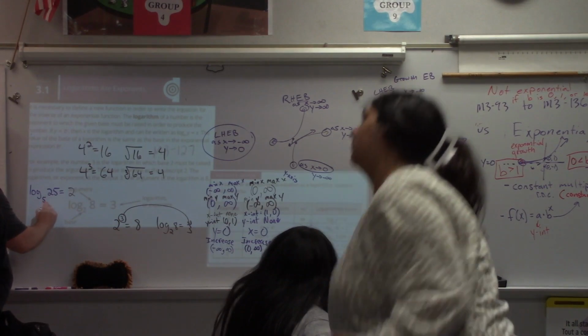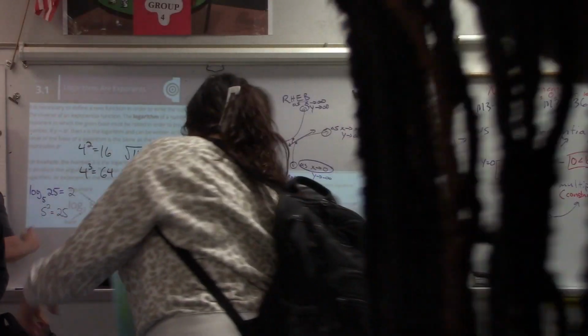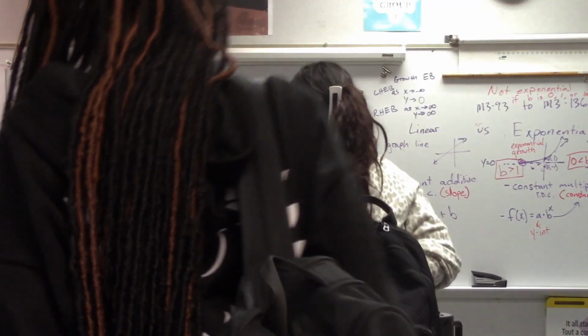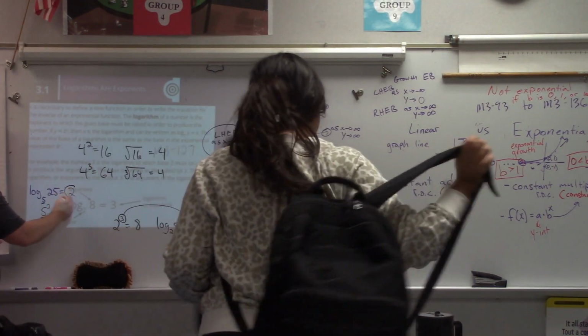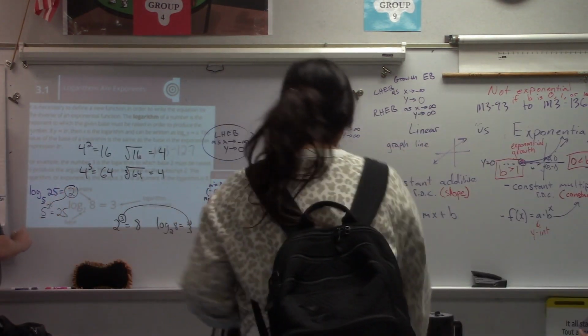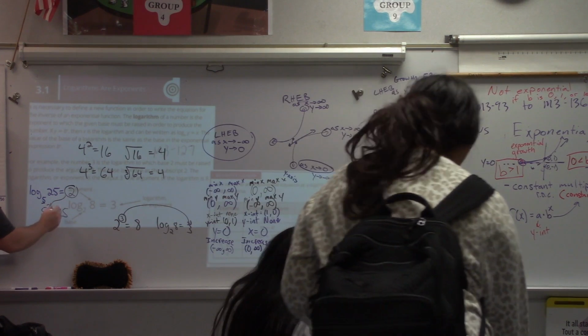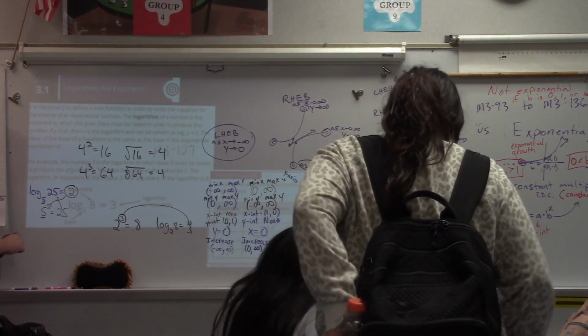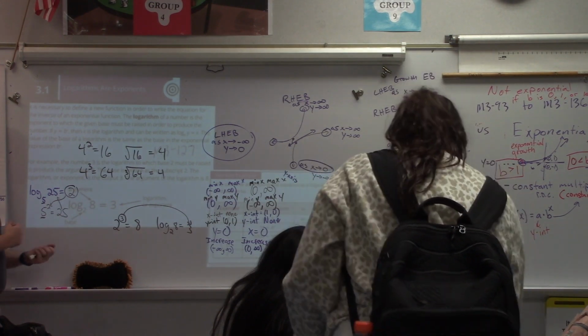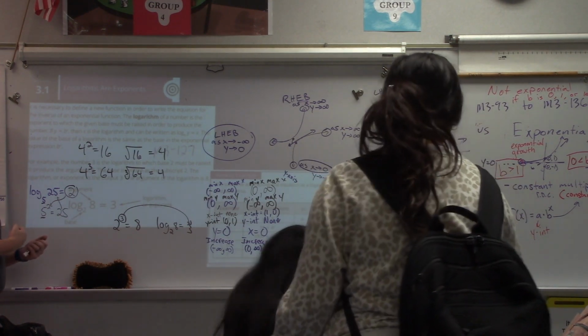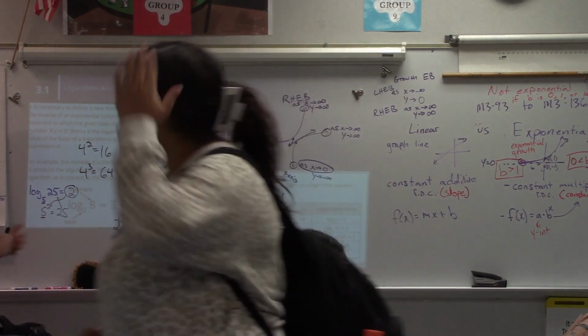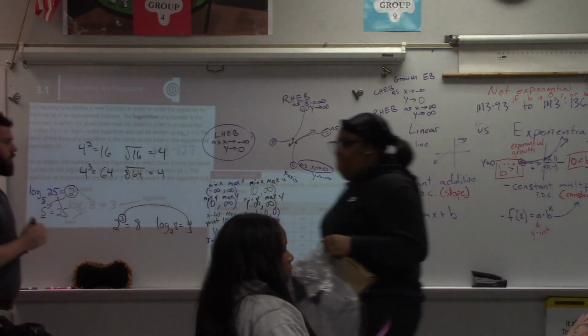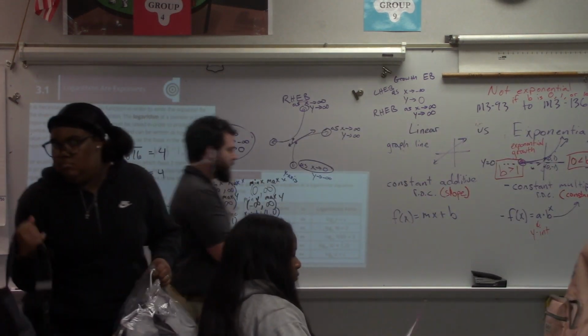Isn't 5 squared equal to 25? So you see how the bases are the same. This output was the input, right? And this output is this input. Well, it's an inverse, right? So they are transposed, right? So a logarithm is the inverse of an exponential. But we'll get some more practice with that tomorrow.